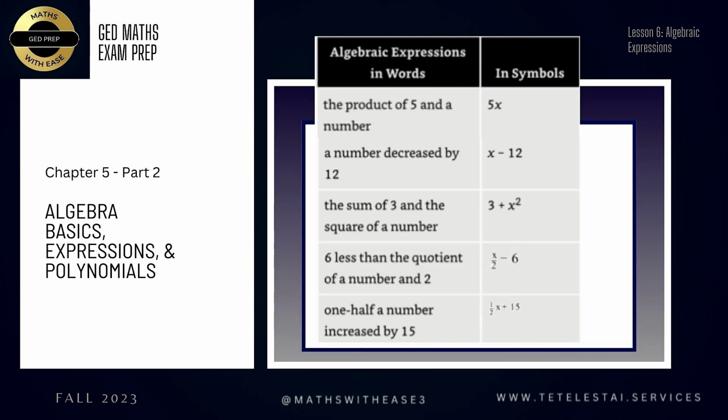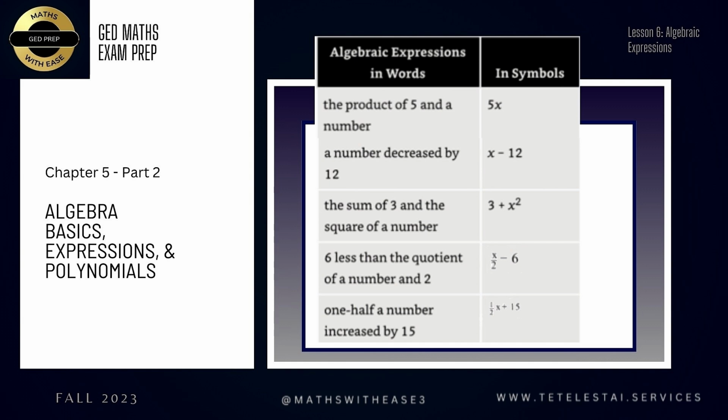So here are a few examples of algebraic expressions translated into their symbolic representations. The product of 5 and a number can be rewritten as 5 times x. Why? Well, we don't have any information about what the unknown number is.